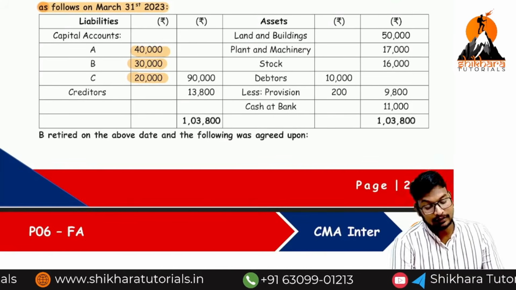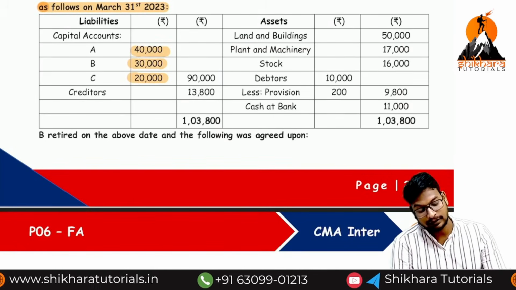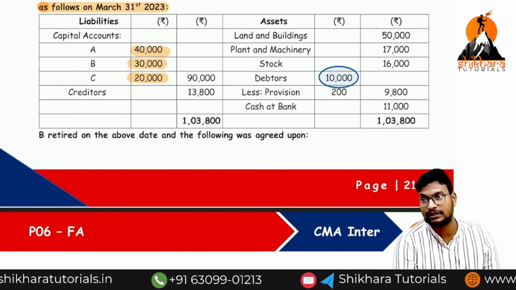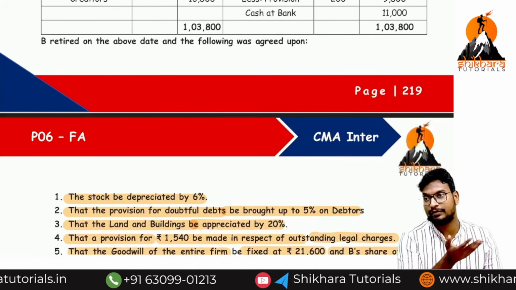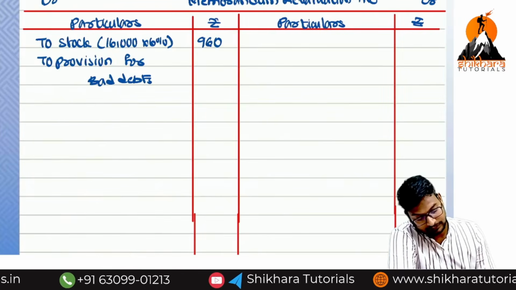We need to calculate only on the debtor value. What is the debtor value given in the question? 10,000. So 10,000 into how much percentage? 5%. That is the opening provision we can write. Okay? How much? So 10,000.